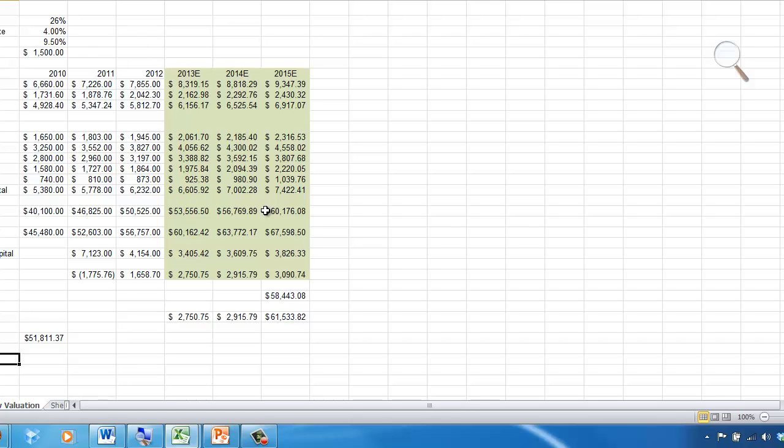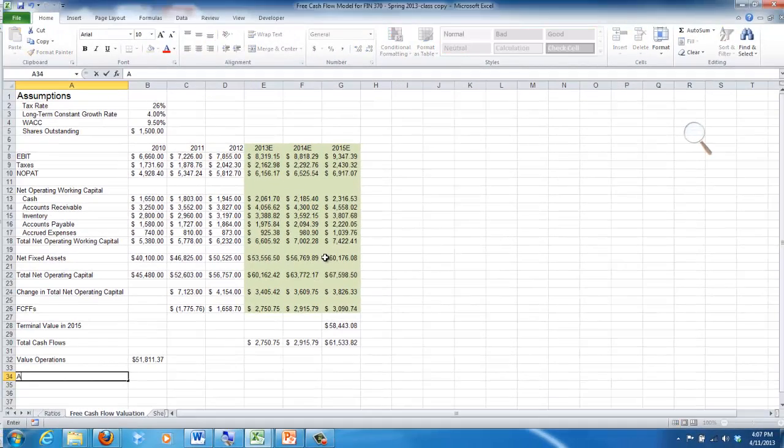So in order to determine the total value of the firm, we want to first add in the value of non-operating assets. We had two that we specified in the balance sheet earlier on, and these were the short-term investments and the intangible assets.